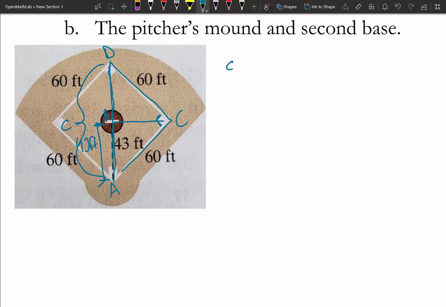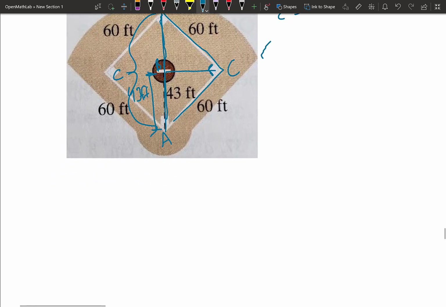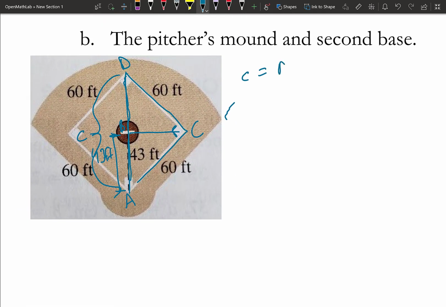So little c is going to be equal to dB plus BA. This distance, dB, plus this distance, BA, is going to be the measurement of c. And we know that BA is going to be equal to 43 feet.